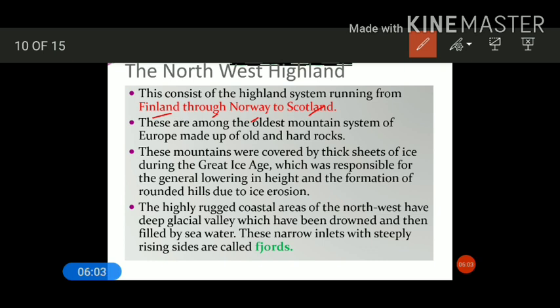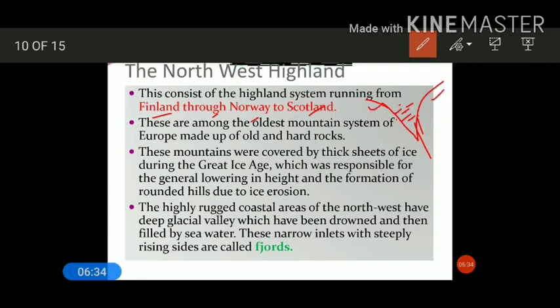These narrow inlets with sharply rising sides are generally termed fjords. Fjords are deep valleys, totally indented, and when filled with seawater that extends far into the valley, such a landform is termed a fjord.